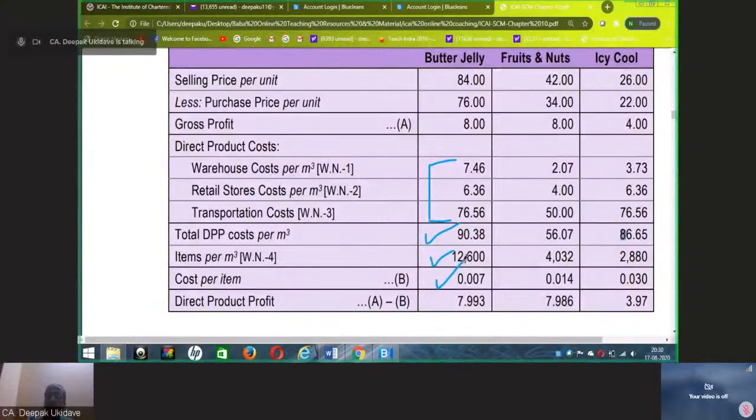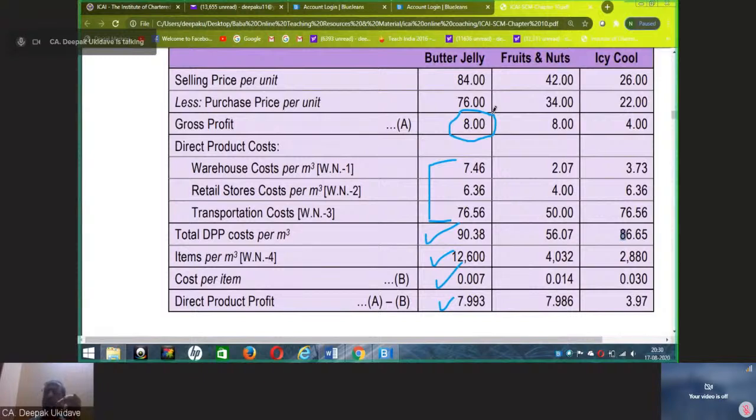Cost per item. You should do like to like operations. You have the gross profit which is cost per unit. So obviously you have to subtract the cost per unit of direct product cost. So 0.007 is deducted. So what you get is 7.993. See, in the original traditional absorption based costing, we used to say that product butter jelly gives a gross profit of 8 rupees.